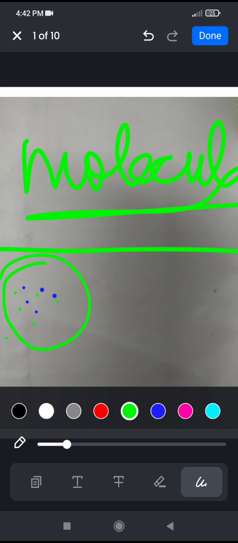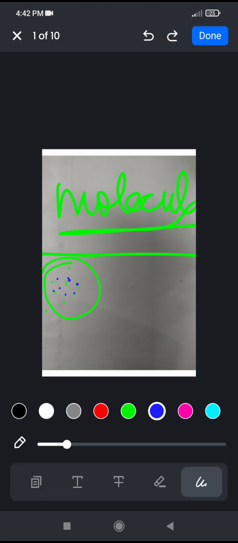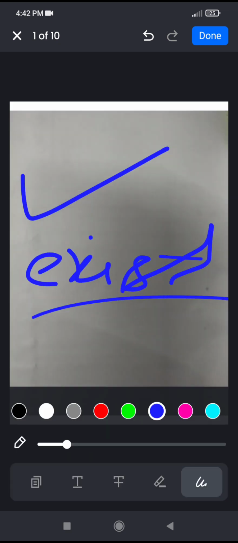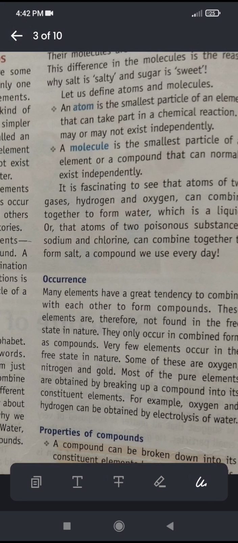Blue ones are atoms and green ones are others. Molecules take in chemical combinations in a fixed ratio, and they will exist. This is the difference between an atom and a molecule.